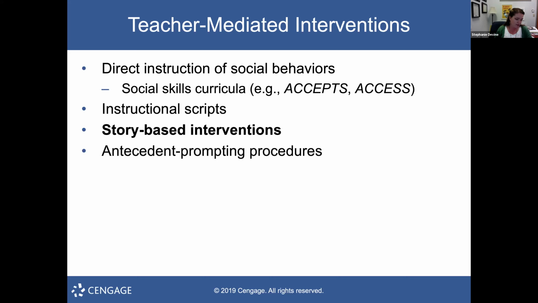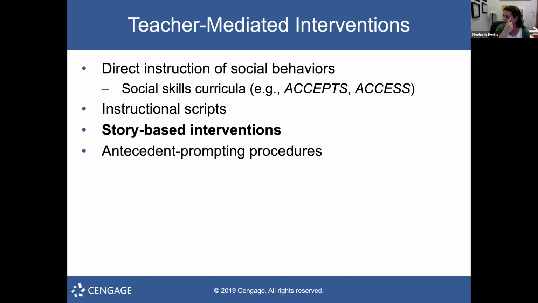The key here is that you want to create a situation where that teacher role is, again, off to the side, behind the scenes. They prompt as needed, but there's some natural reinforcement from the peer and then the teacher when an interaction goes well. And then you want to try to fade, you want to use the least intrusive prompts possible. And you want to fade that prompting as quickly as you can, and watch out for that prompt dependence.